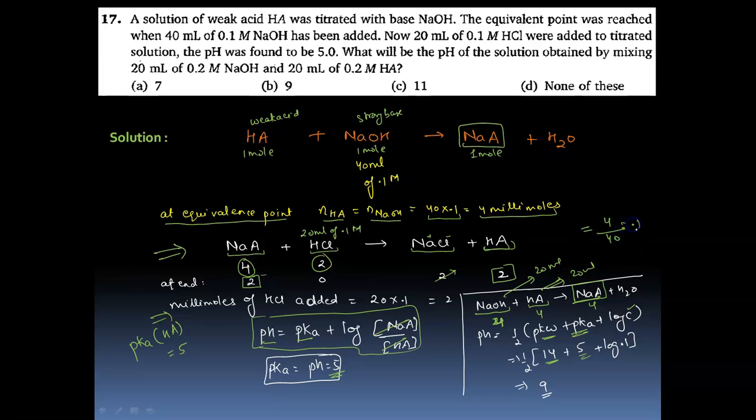So it comes out to be 0.1. For log C, we put C equal to 0.1. On solving, we get the answer as 9. So for this question, we can say the answer is B.